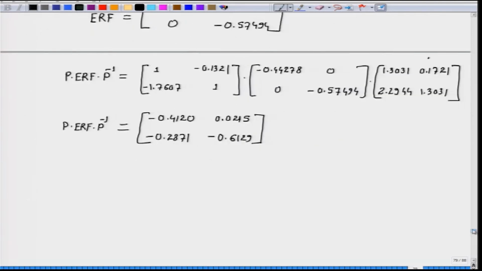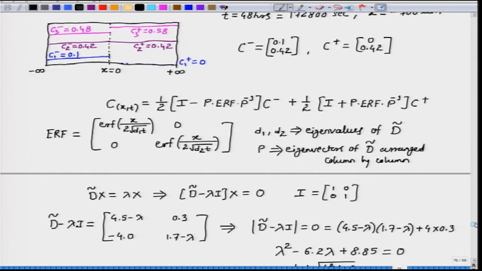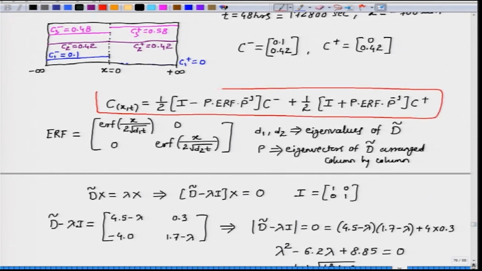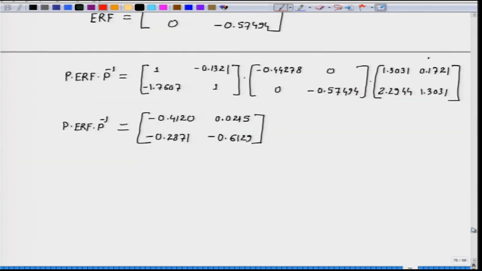Now, we have to substitute back in the solution, right. So, we are using this solution here. Now, we know I is the identity matrix 2 by 2 here. We know this P ERF times P inverse, and we know C minus and C plus. Okay. So, we substitute in them and find C of x t.